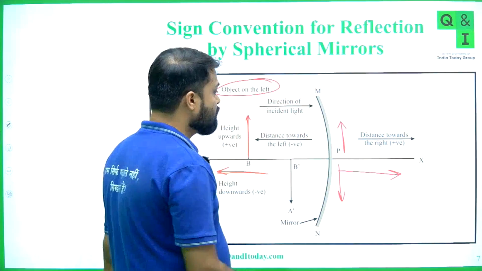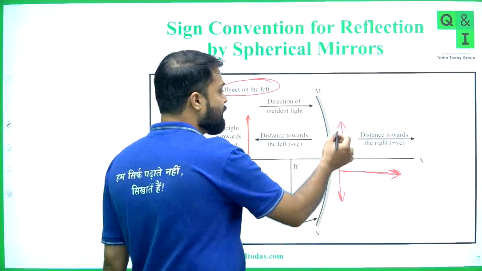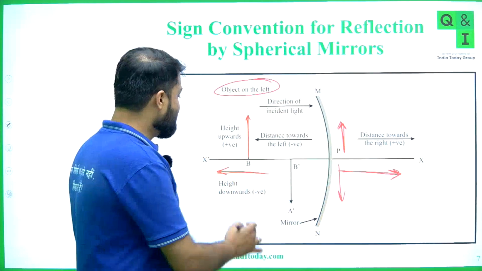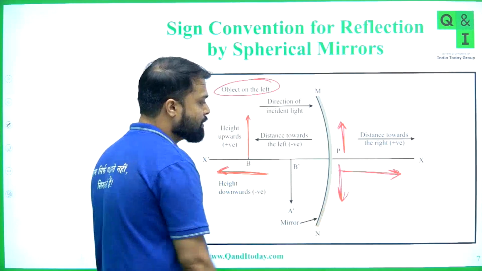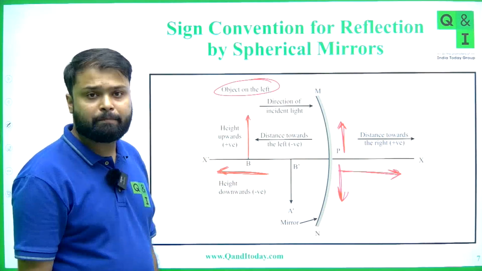So towards the positive x-axis, we take the value as positive. Similarly, in the upward direction, we take the value as positive. Towards the left side, we take the value as negative, and the downward side, we take the value as negative. Okay, is this clear?